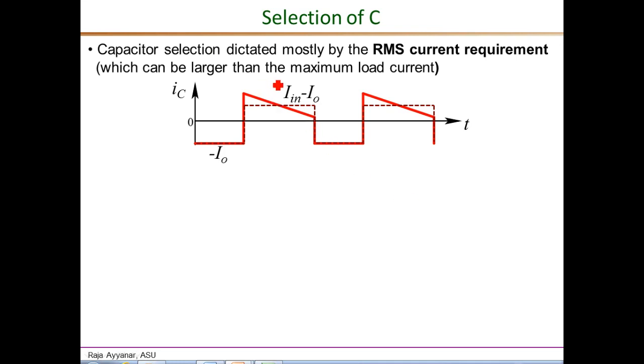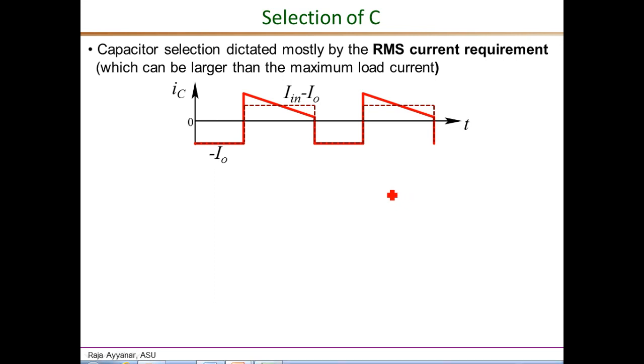It can even be higher than the maximum load current value itself, as compared to the buck converter, where the RMS current in the output filter capacitor was only about 5% of the load current. So in a boost, it's really the RMS current requirement that decides the selection of the capacitor.